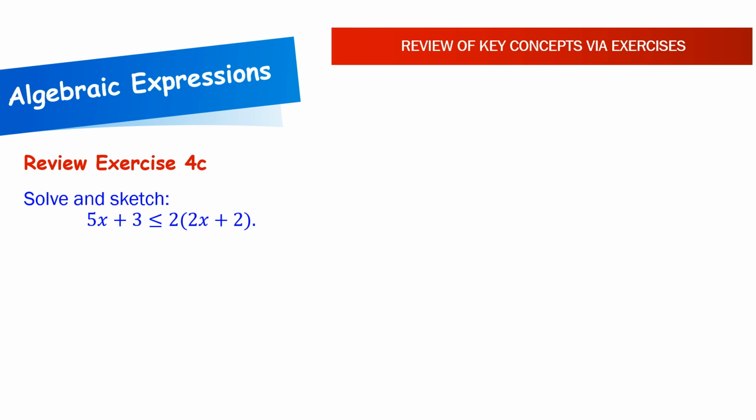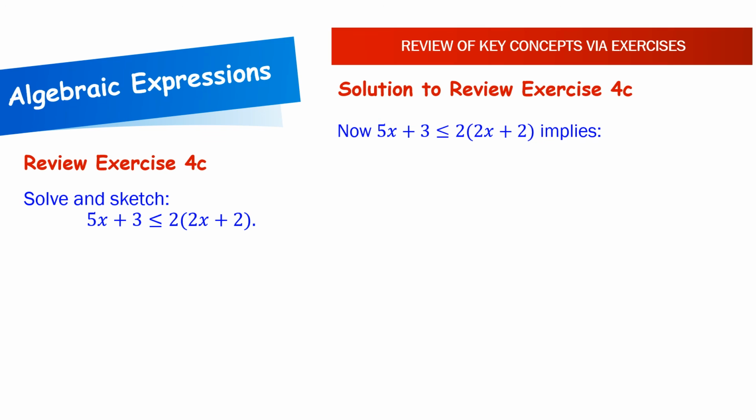Now let's solve exercise 4c. We are required to solve and sketch 5x plus 3 is less than or equal to 2 times 2x plus 2. Let's expand the brackets on the right-hand side to give 4x plus 4.